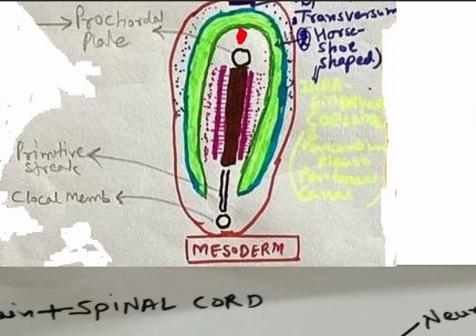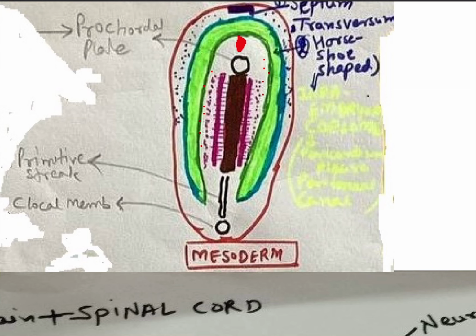For better explaining head folding, please have a look at the mesoderm. I have explained that this is the mesoderm; the central part will form the notochord, and cranial to the notochord is the prochordal plate or buccopharyngeal membrane, which will form the future mouth.